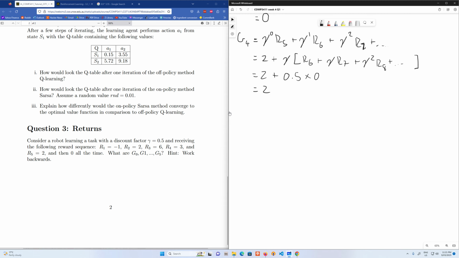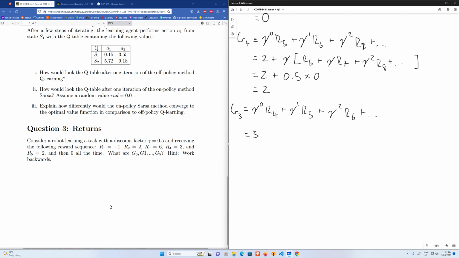Let's do it for G3 now. And you'll see that we actually follow the same pattern again. So for G3, our expression is going to be gamma to the power of 0 times R4 this time, and then on to infinity. Now, for reward number 4, we can get the value if we look over here.